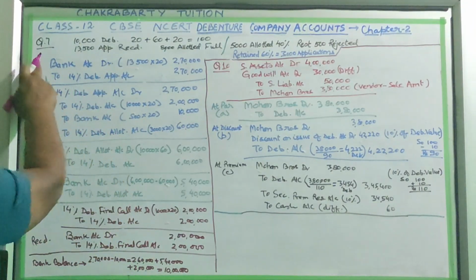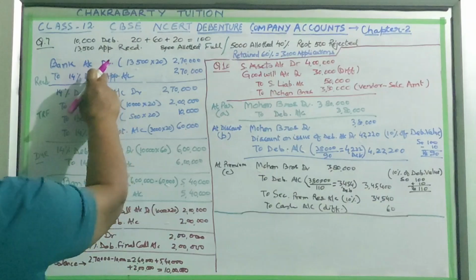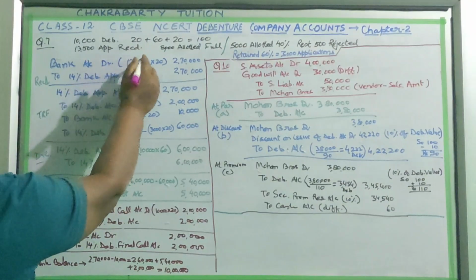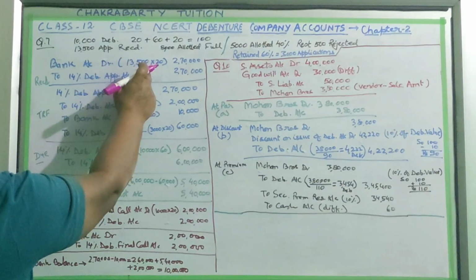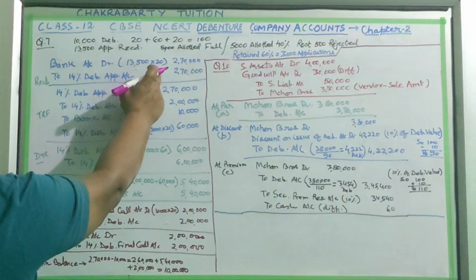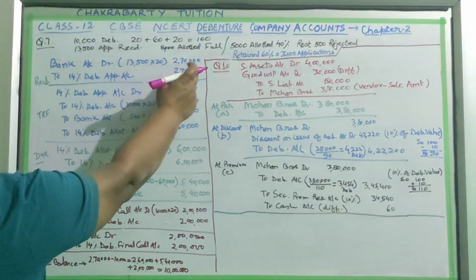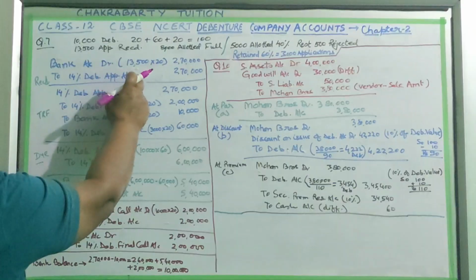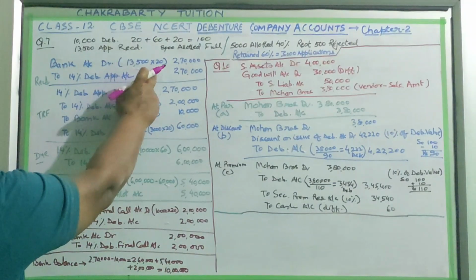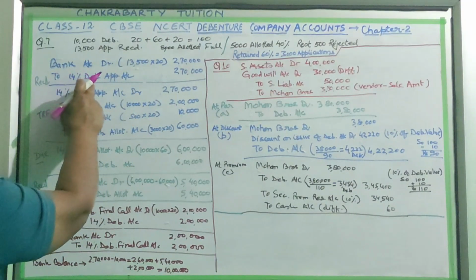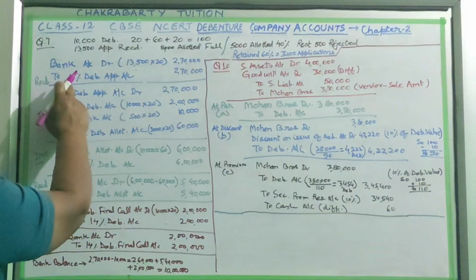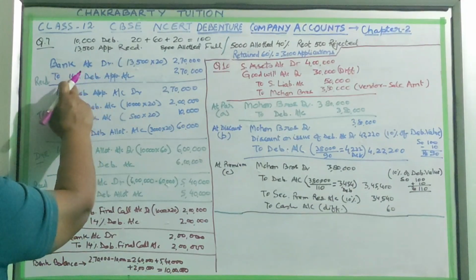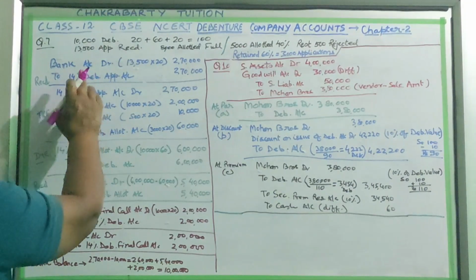First we receive the money. When we receive money, the bank account is debited. 13,500 debentures at the rate of 20 gives 2,70,000, credited to 14% debenture application account. Otherwise it would be share application account; in place of share, we are writing 14% debenture.